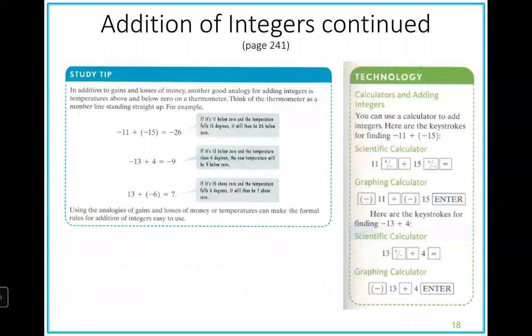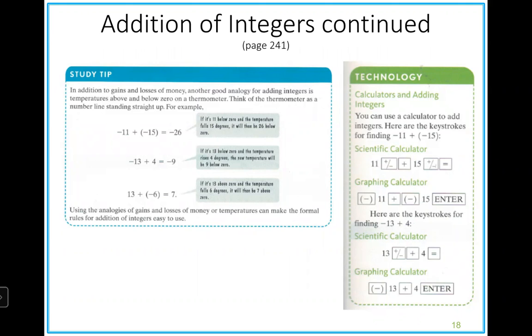Now, of course, those rules are helpful, but at this point you'll be allowed to use your calculator to do these calculations. So while it is helpful to know the principle, you should also be aware of how to use your calculator to derive these answers or even to check your answers.